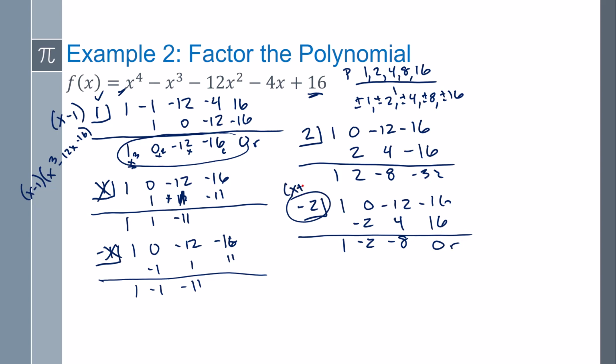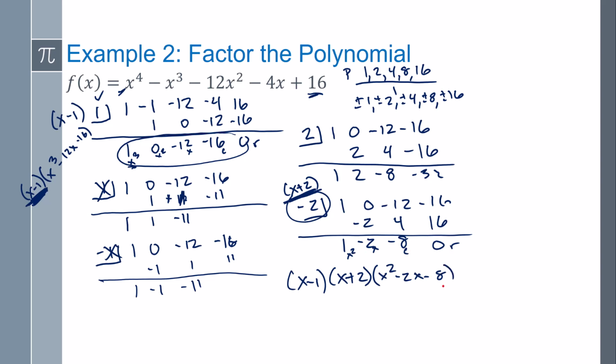So x minus my 0. So negative 2 is a 0, because the remainder theorem says so. x plus 2 is going to be the factor. So what do I have so far? I have this factor, x minus 1. I have this factor, x plus 2, and then what am I left over? Constant, x squared.